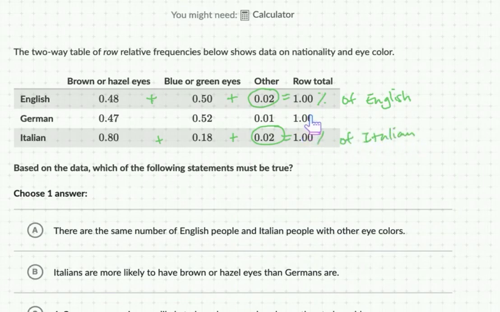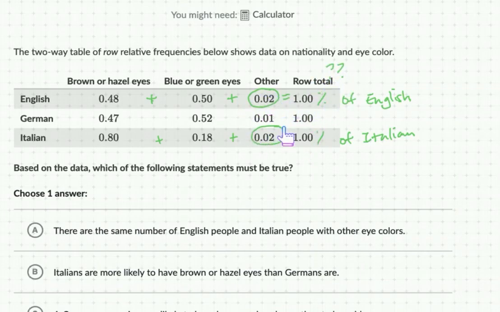What is a mystery to us is what this row total is for all of them. It doesn't mean that there were 100 people out of each of these nationalities. It doesn't mean 100 English were surveyed, 100 German were surveyed, 100 Italians were surveyed. We don't know what that row total is.